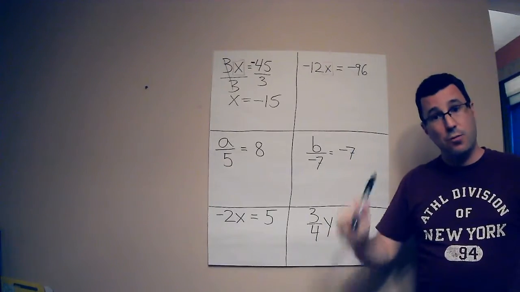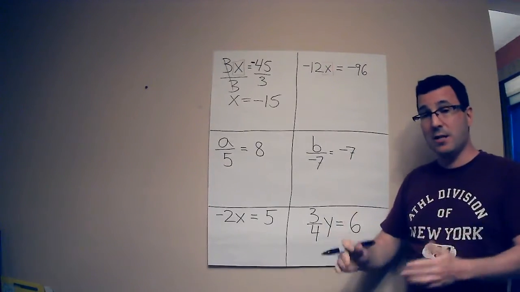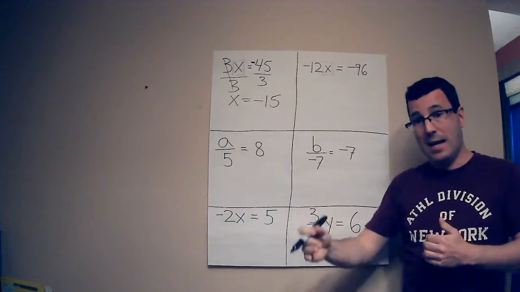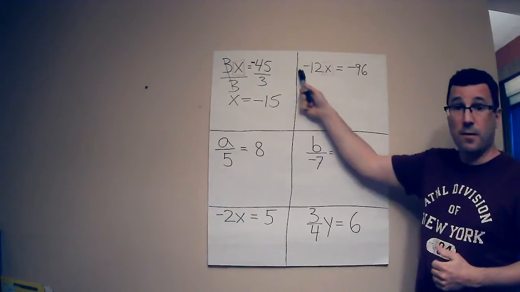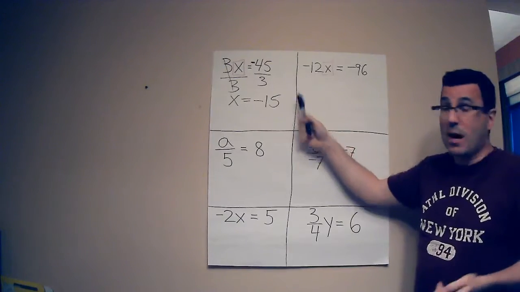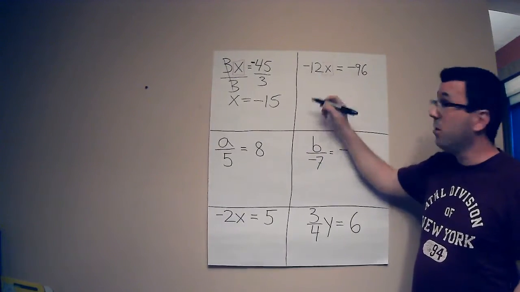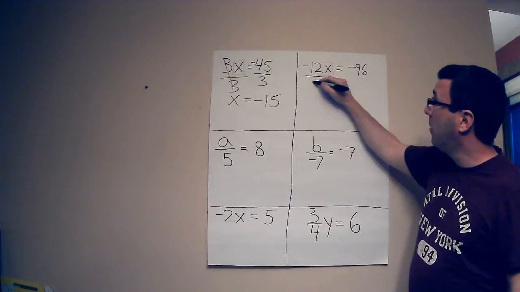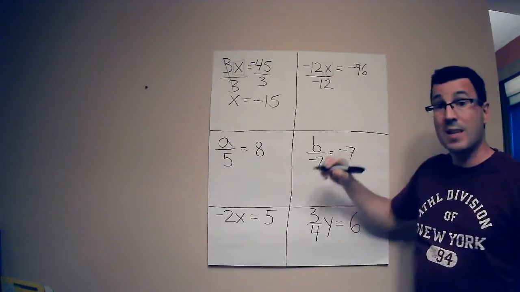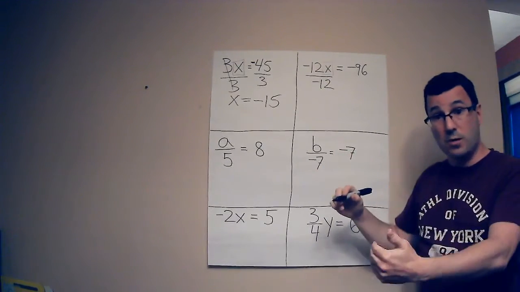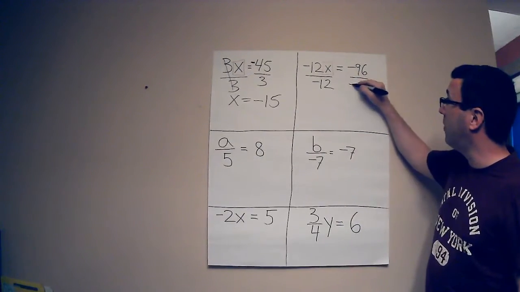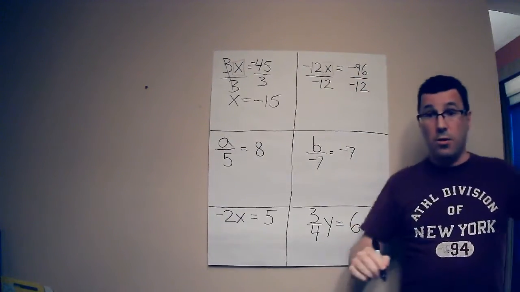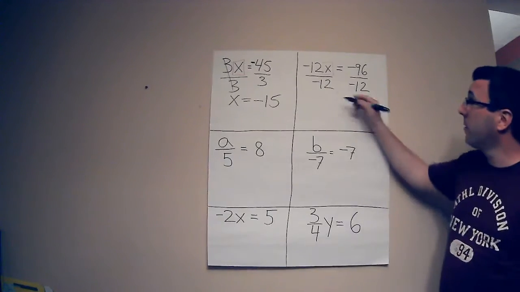It's not subtraction, because subtraction is I have something minus something else. There's nothing in front of here. So it can't be subtraction. This is a negative number. So I'm dividing by a negative 12. Again, whatever I do to one side of the equation, I have to do to the other. So I'm going to divide by negative 12 on the right-hand side as well.